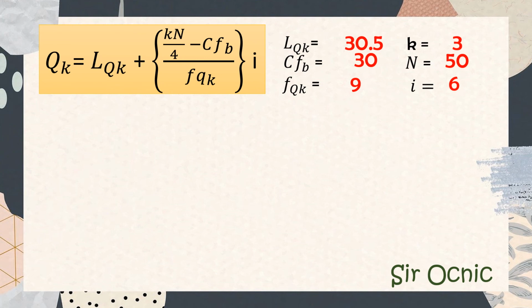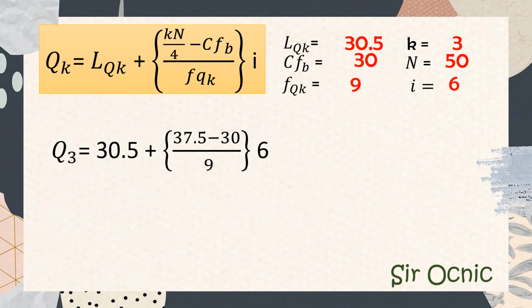Using these values, let us now substitute to the given formula. Q sub 3 is equal to 30.5 plus the value of kn over 4, which is equal to 37.5 minus 30 all over 9 times 6.